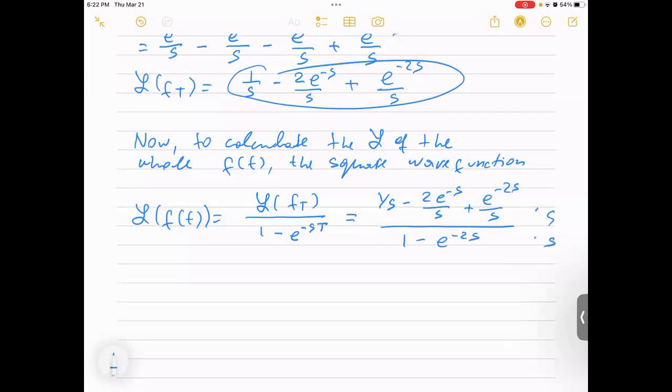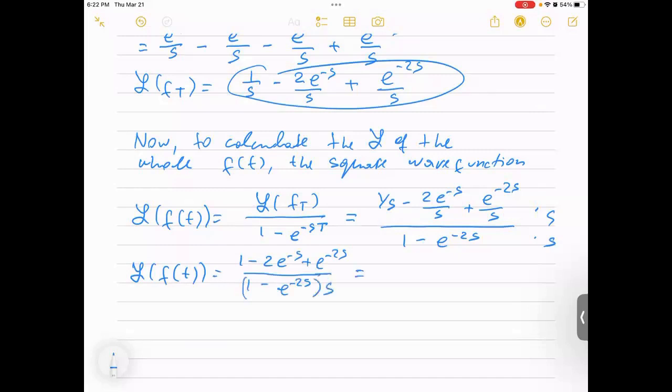We get the Laplace of the square wave function equals 1 minus 2 e to the negative s plus e to the negative 2s, divided by 1 minus e to the negative 2s multiplied by s.